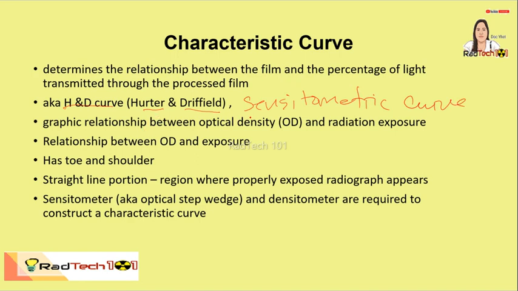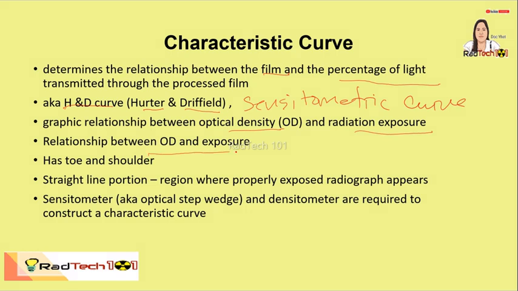H&D curve and sensitometric curve. So, this is a graph which determines the relationship between the film and the amount of light transmitted. It's also a representation of the relationship between the optical density and exposure.